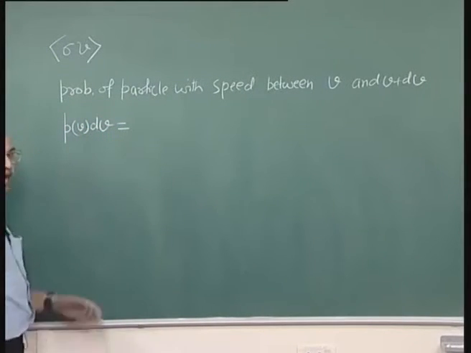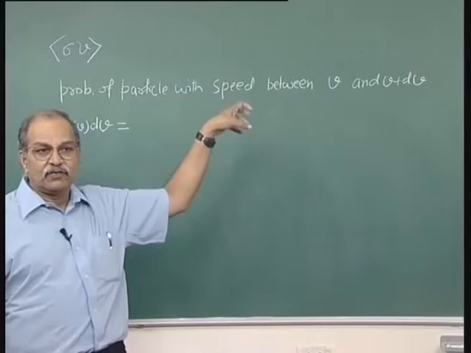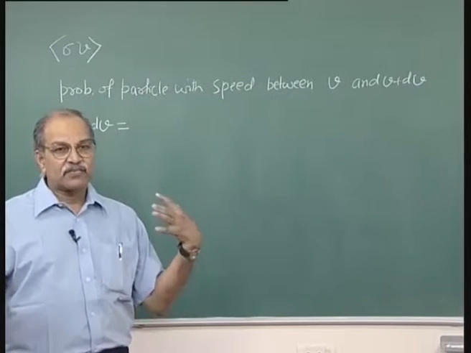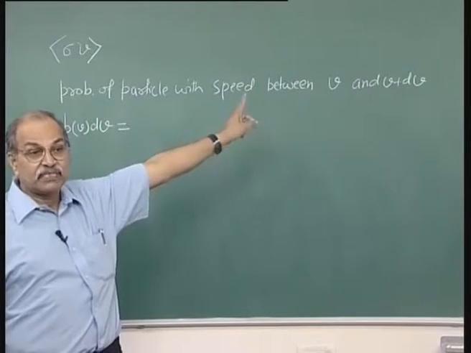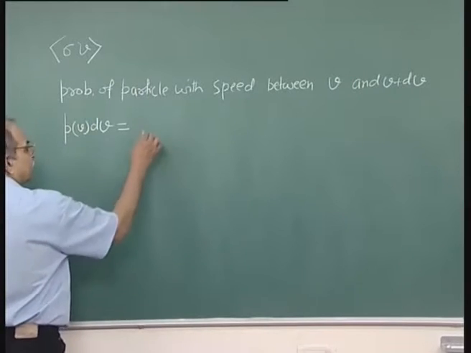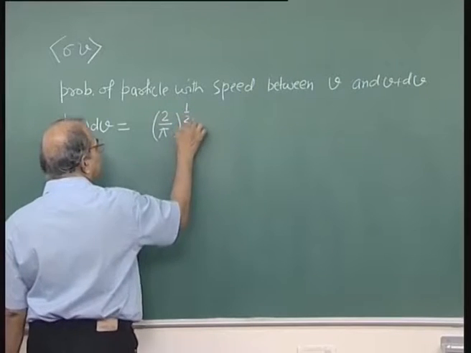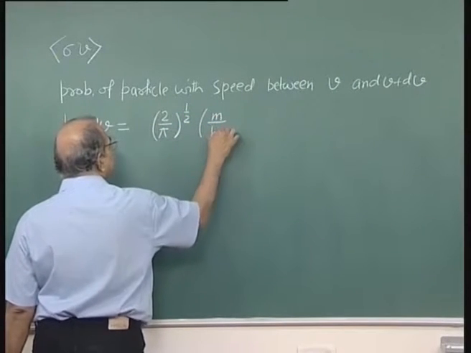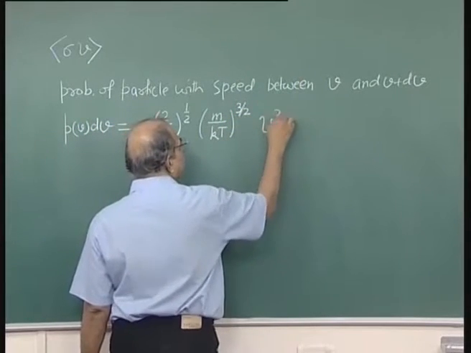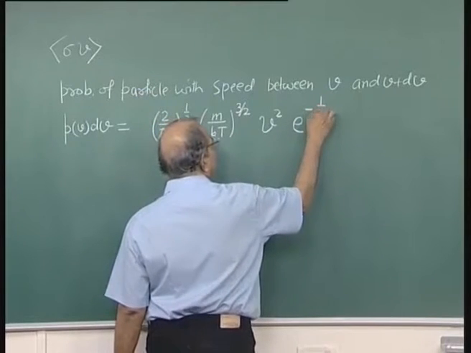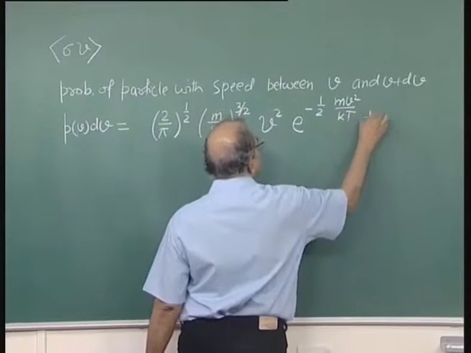You can take it as a fraction of the total particles which have this velocity, or here the fraction of the total pairs which have this relative velocity between v and v plus dv. So, this is given by that Maxwell-Boltzmann distribution, 2 by pi to the half, m by kT to the 3 by 2, then v square e to the power minus half m v square by kT and dv.